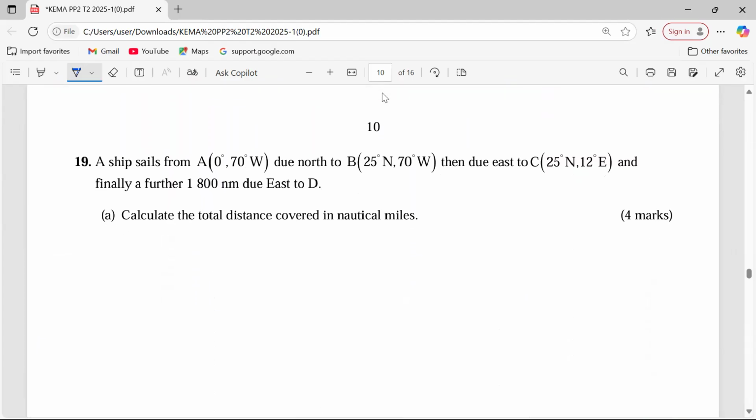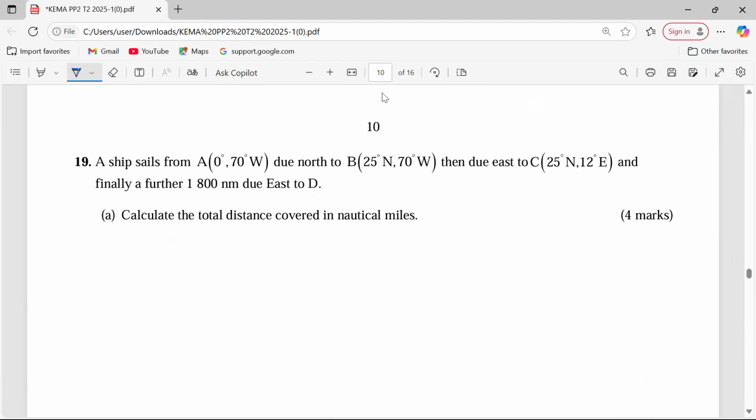Now, number 19, question on longitudes and latitudes. A ship sails from point A, which is 0 degrees, 70 degrees in the west, due north to another point B, which is 25 degrees on the north, 70 degrees in the west. So it's flowing along the same longitude, 70 degrees in the west.